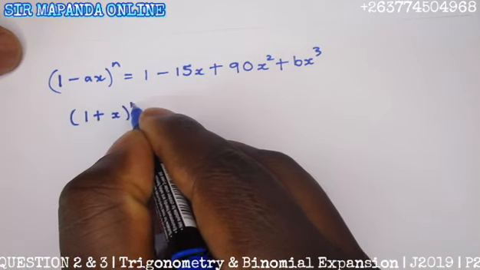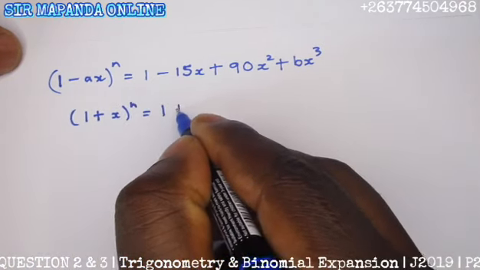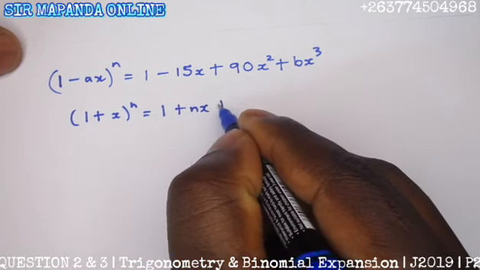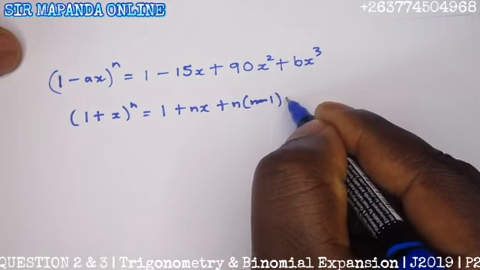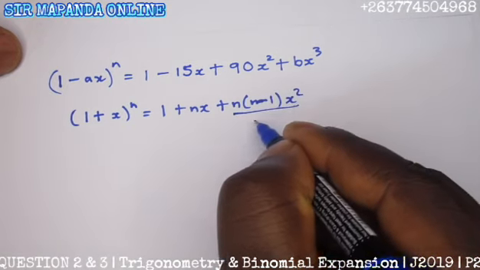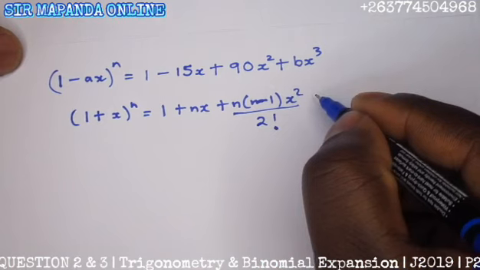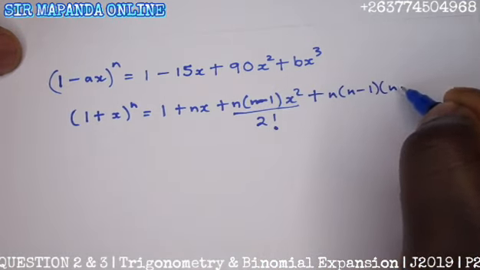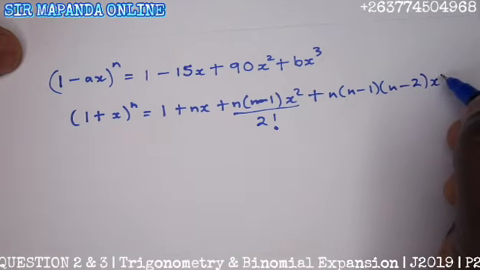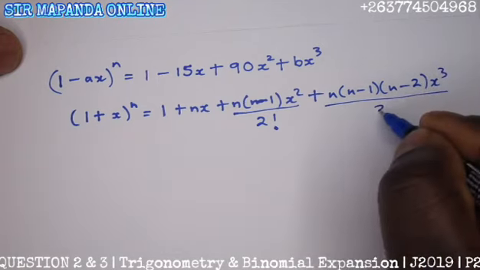1 plus x to the power of n is equal to 1 plus nx plus n open bracket n minus 1 x squared over 2 factorial plus n open bracket n minus 1, n minus 2 x cubed over 3 factorial.